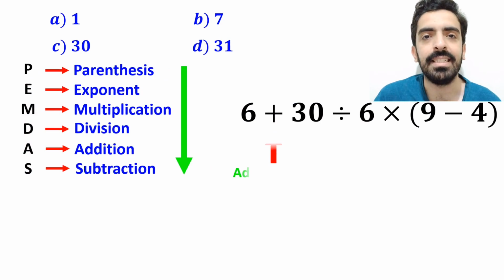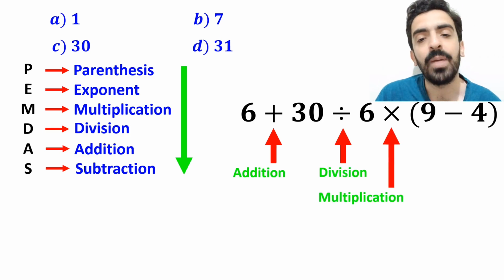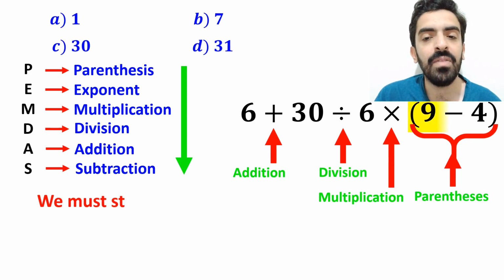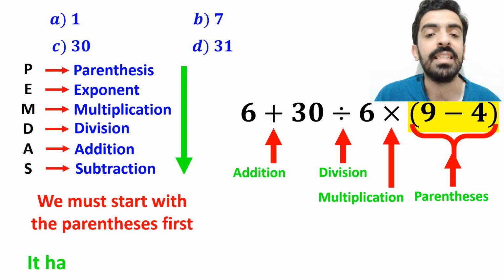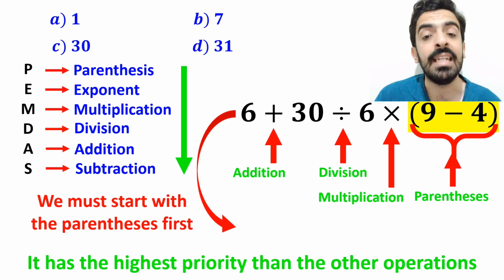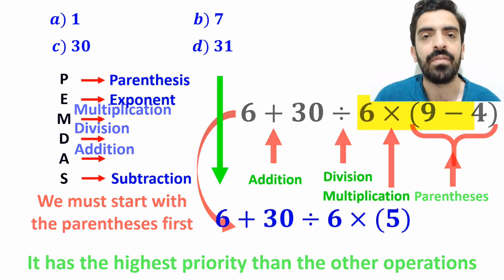Okay, as you can see on the screen, in this expression, first we have an addition sign, then a division sign, followed by a multiplication, and finally parentheses. We must start with the parentheses first, because they have the highest priority. So, instead of this expression, we can write 6 + 30 ÷ 6 × 5.